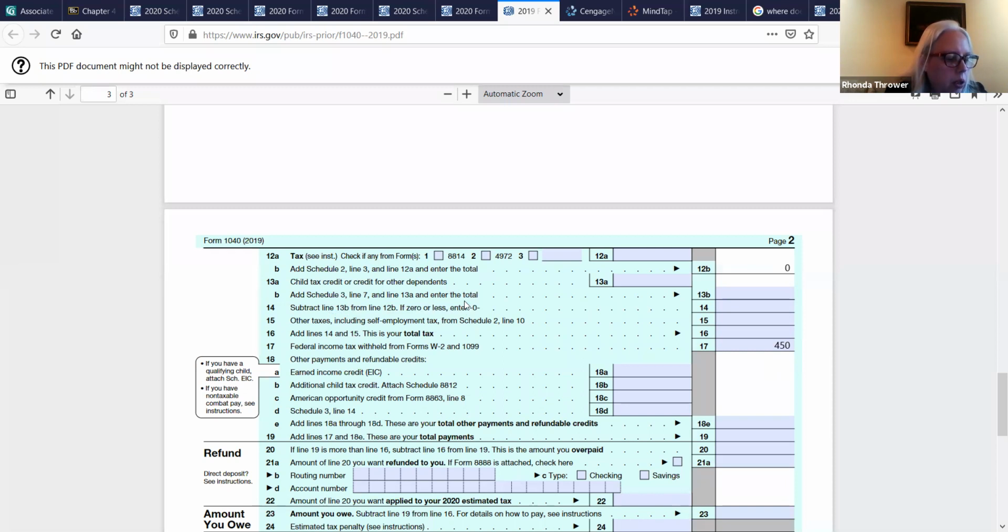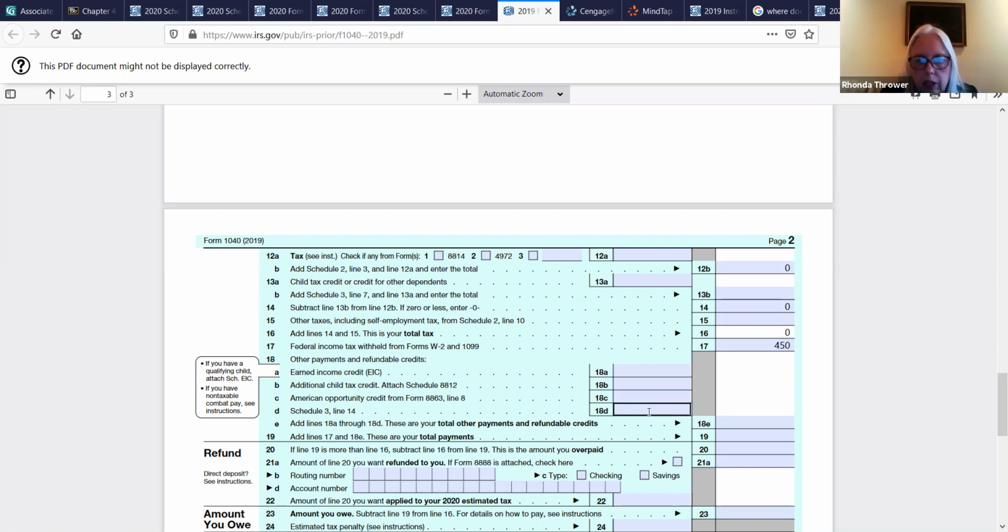And there was nothing in 13B that would be entered. And then you've got to subtract line 13B from 12B, which is 0. You can enter that on line 14. And then basically that follows through to line 16. It's 0 there. This is 450.